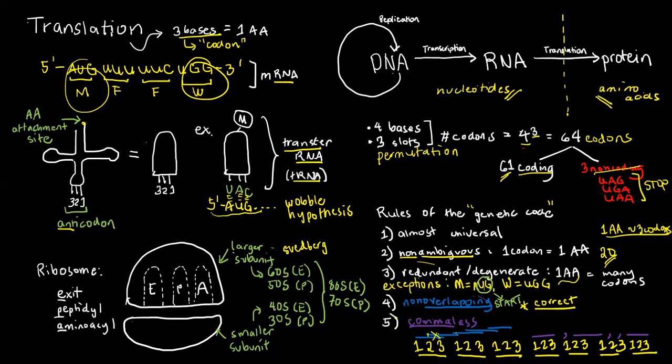Now, in addition to that, I kind of think of 4 and 5 as a package deal. Rule 5: the genetic code is also said to be commaless. By comma or some kind of punctuation, it's like a metaphor indicating that we could skip a base or two. For example, look at the purple lines here. This is a comma. For example, I'm done with 123.